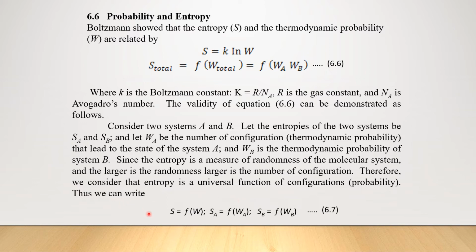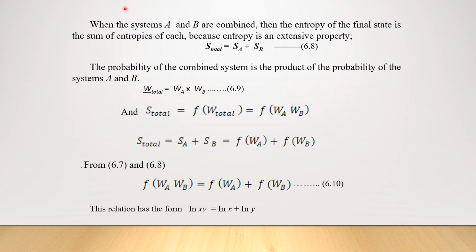So thus we can write entropy S is a function of thermodynamic probability W. And individually, the entropy of system A is a function of thermodynamic probability WA, and SB is a function of thermodynamic probability WB. When the systems A and B are combined, the entropy of the final state is the sum of the entropies of each system, because entropy is an extensive property.